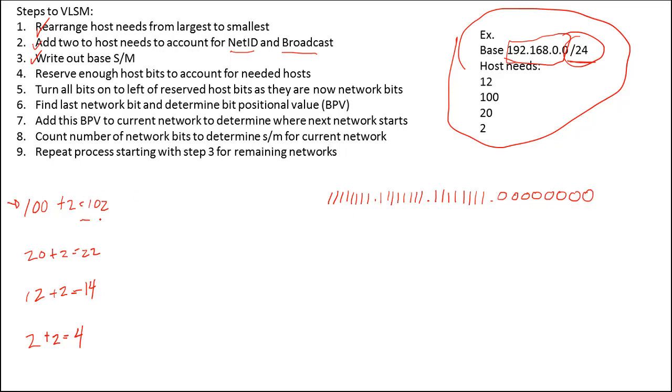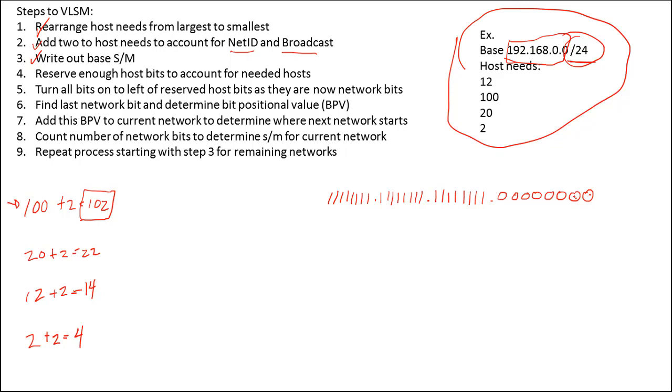Now we're trying to reserve enough host bits to give us at least 102 unique combinations of these zeros and ones to make up for those address needs. So if I reserve 1 host bit, that gives me 2 unique combinations, a 0 or a 1. That's 2 addresses. If I reserve 2 host bits, that gives us 4 unique combinations, a 0 and a 0, a 0 and a 1, a 1 and a 0, or a 1 and a 1.